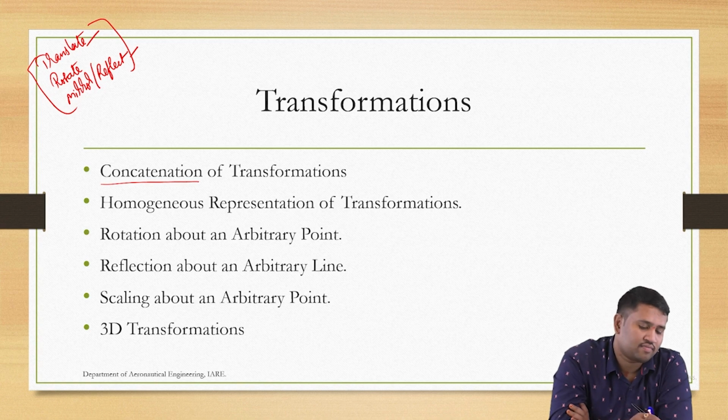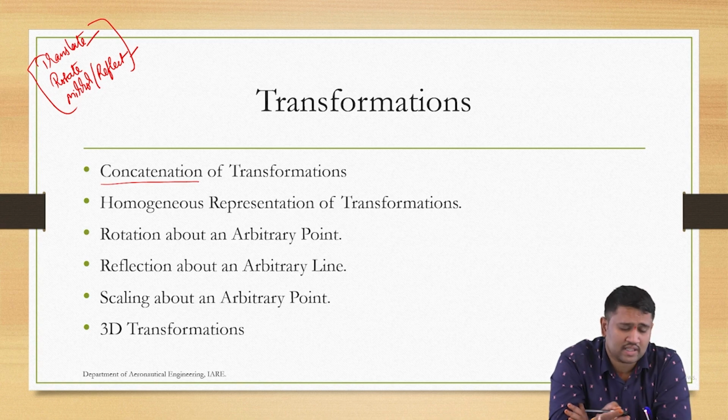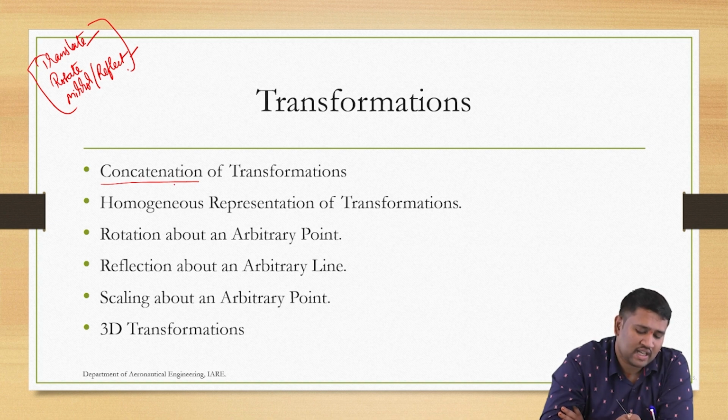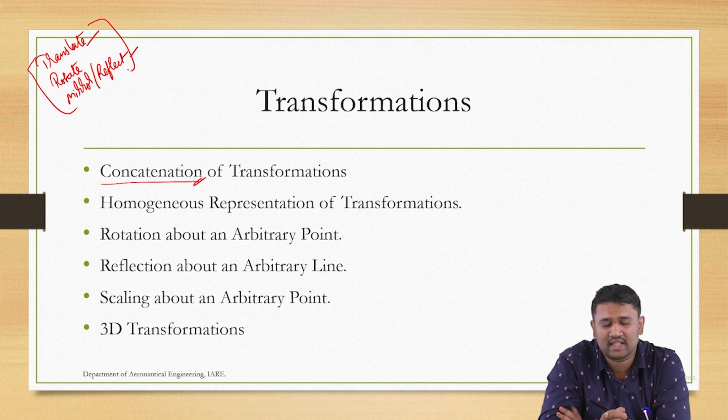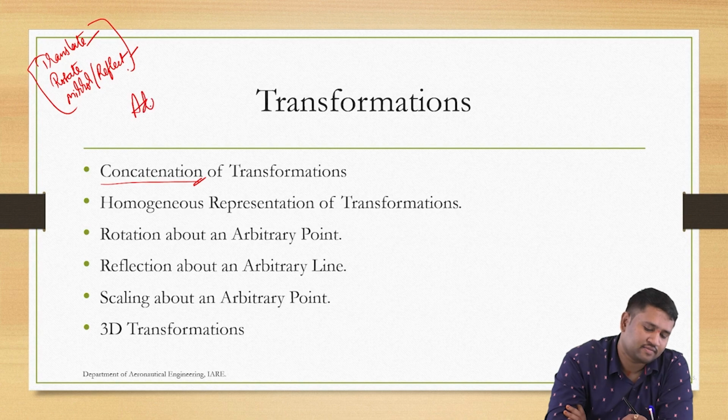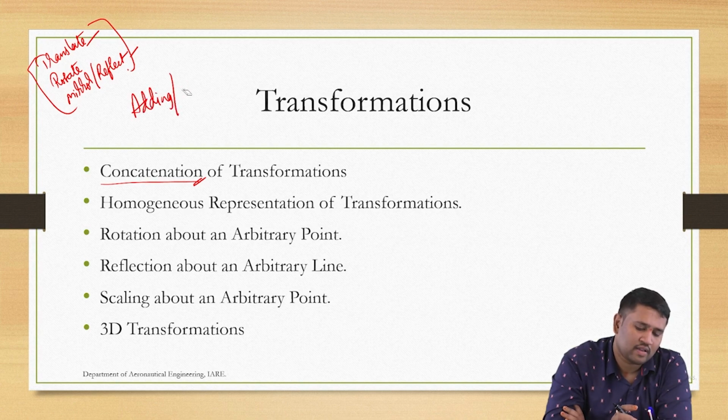I want to use multiple transformation features, particularly translate as well as reflect, to get my final product oriented and mirrored in such a direction. For that, I can use concatenation. Basically, it's adding multiple transformation features.